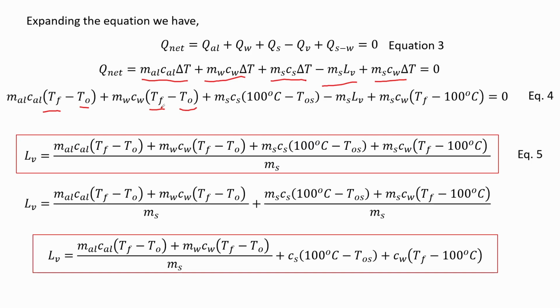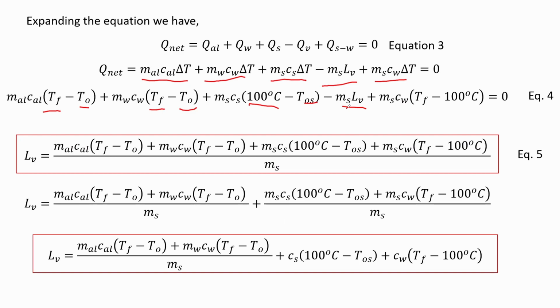For the mass of the steam, we know that it's initially at T naught S, which is greater than 100 degrees Celsius, so we have to move it first from T naught S towards the 100 degrees Celsius, wherein the transformation will occur. Then we add the parameter for the transformation here, wherein we have our parameter in question, which is the latent heat of vaporization.